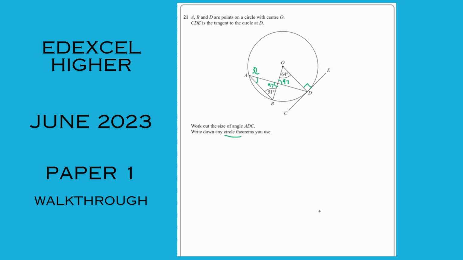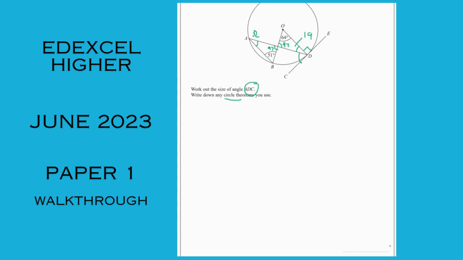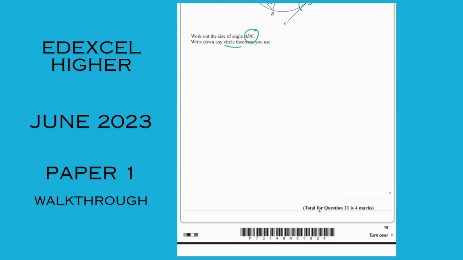We've now got two angles in this triangle. We can work out this one, 97 plus 64, that's 161, meaning that this little angle here is 19. But most importantly, we now know A to D to C is 90 degrees minus 19, or in other words, 71.